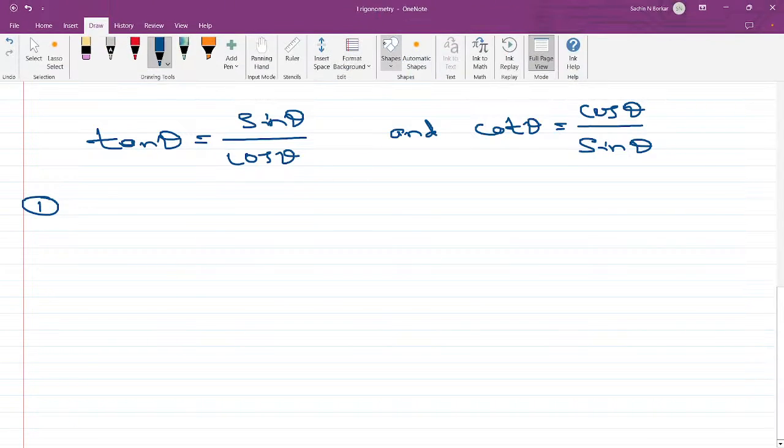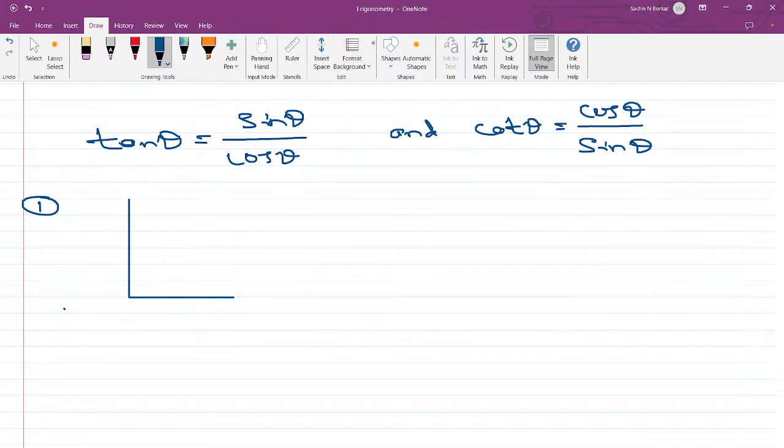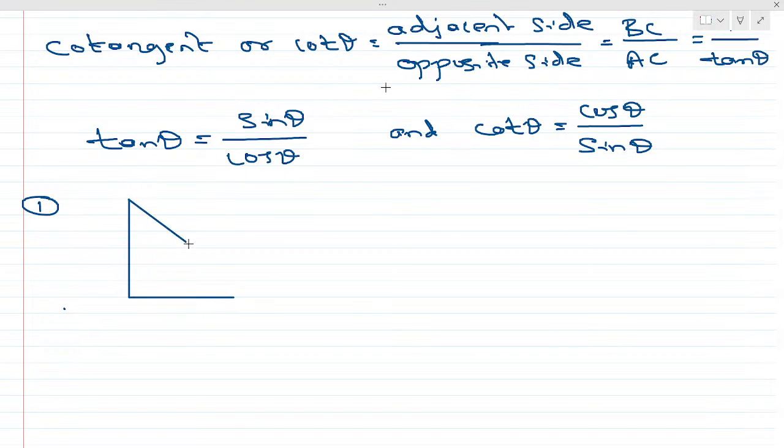I have a right angle triangle ABC with the measure AC being 13 centimeter and BC being 5 centimeter.